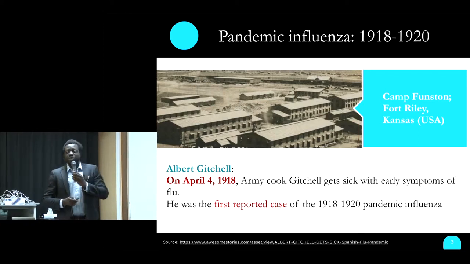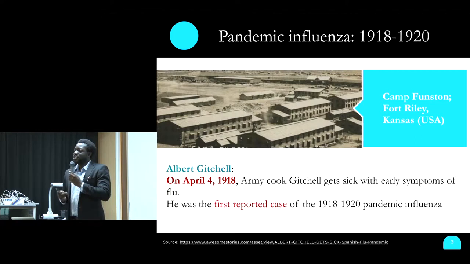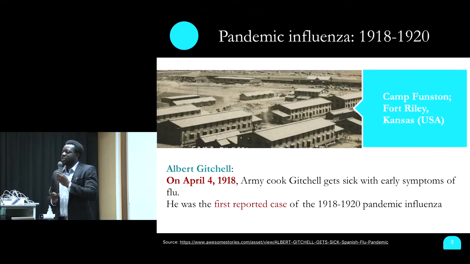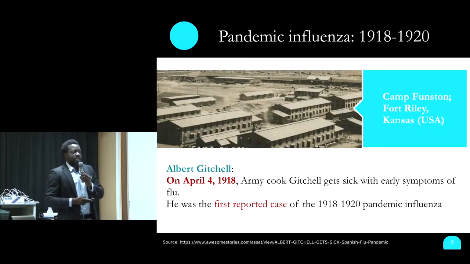1918, I'm sure many of you will remember, is almost around the end of the First World War, in which the United States was involved. And it all started in this camp.